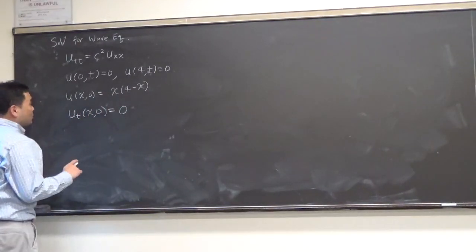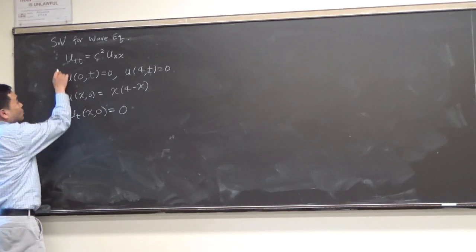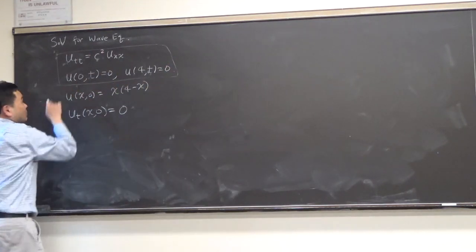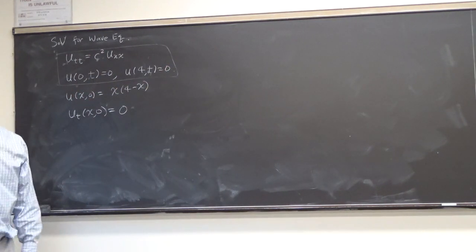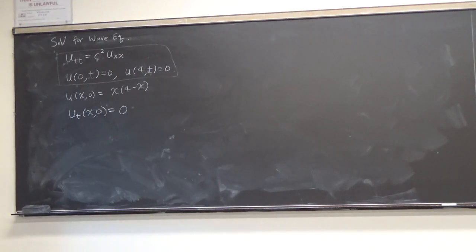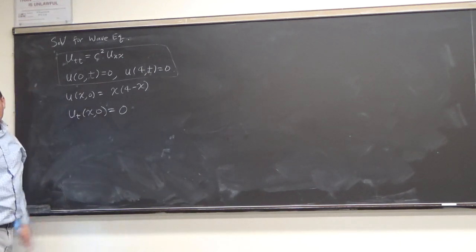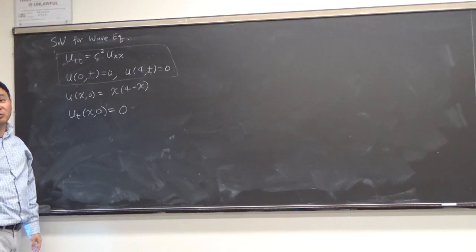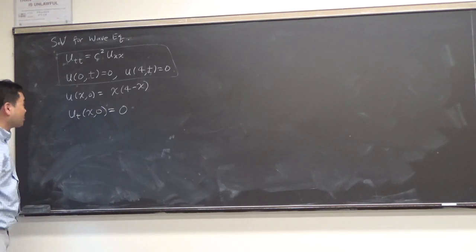Again, we just solve the boundary conditions and the equation itself, which is called the separation of variables. SoV means separation of variables.